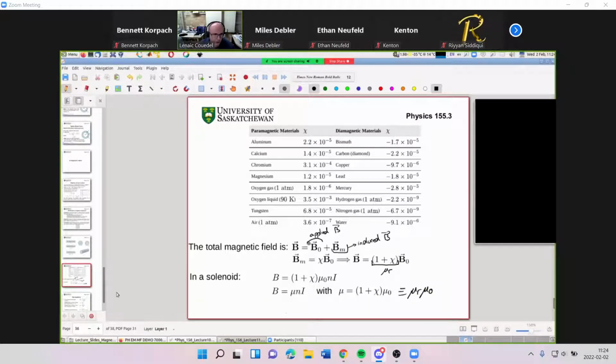Okay, so one application of that is the iron core. If you put an iron core in a solenoid, because iron is a ferromagnetic material, this parameter chi here is huge for iron, and it's nonlinear as well, but it's huge. So basically you end up with a very, very strong magnetic field.